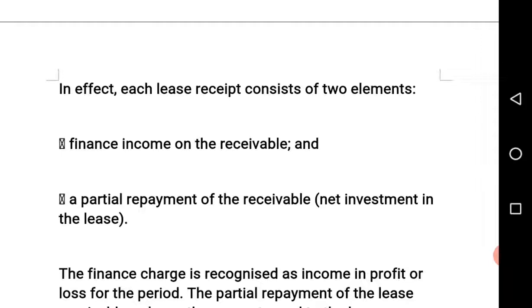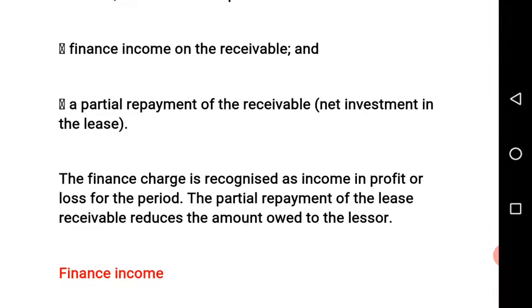So in each payment from the lessee, there's a part of the net investment in the lease, that's the cost of the asset, that is recovered. So also a part of the finance income is recovered.